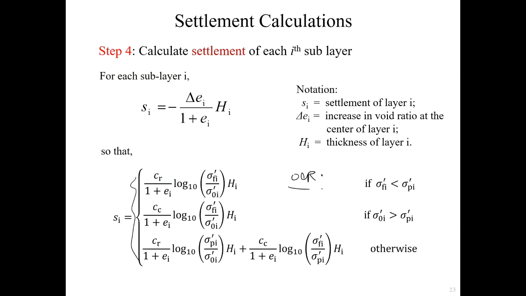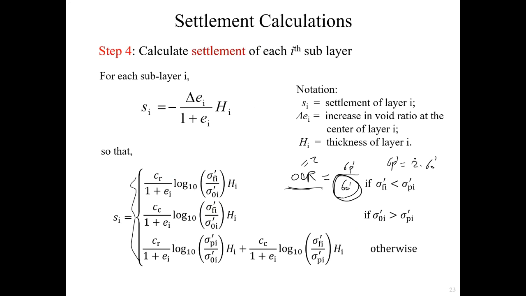OCR will be sigma P prime divided by sigma O prime. Sometimes it's not given straight away, it will be given as OCR. So let's say if OCR equals 2 and you know the current vertical effective stress, then you are able to work out sigma P prime. Sigma P prime will be 2 times sigma O prime. Is that clear?